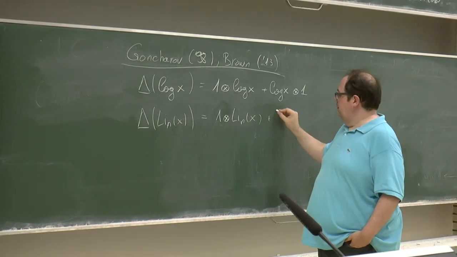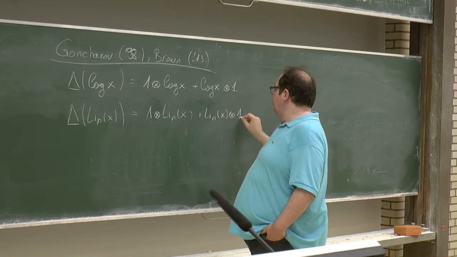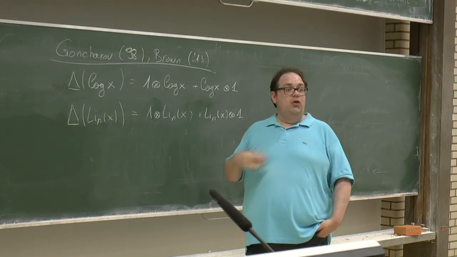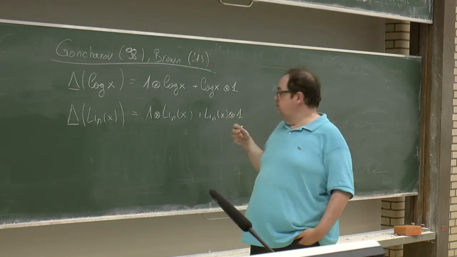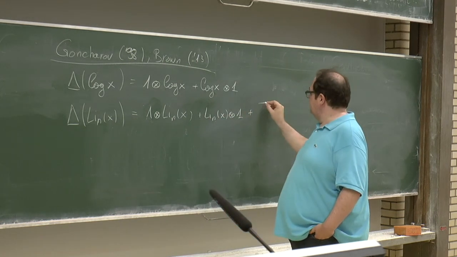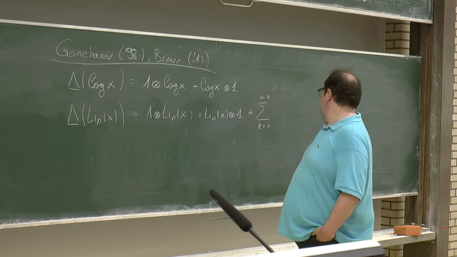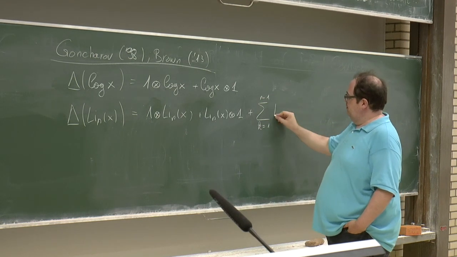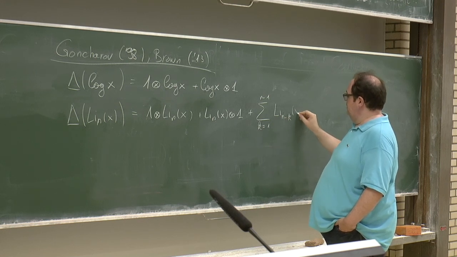It's a trivial statement that if you take any object, there are always two trivial ways of breaking it apart, which is not to break it apart at all. But now, if I'm at higher weights, there's another bunch of terms, and they look like this.